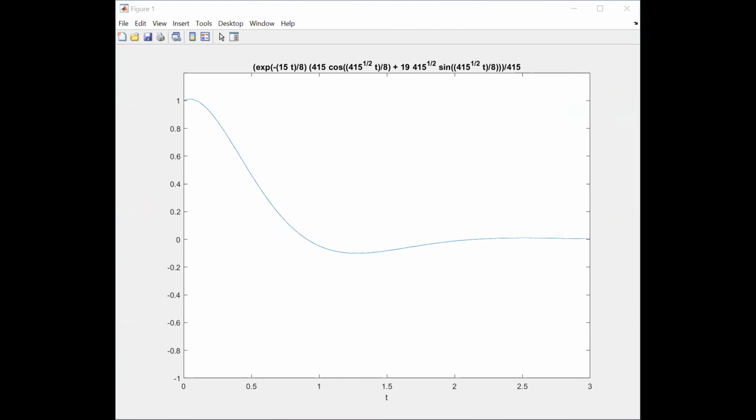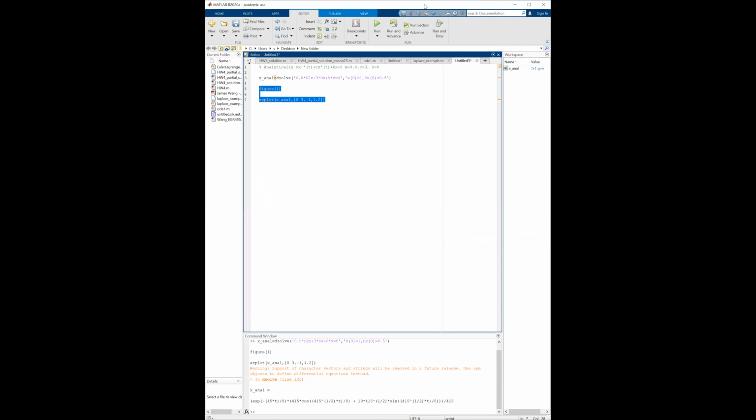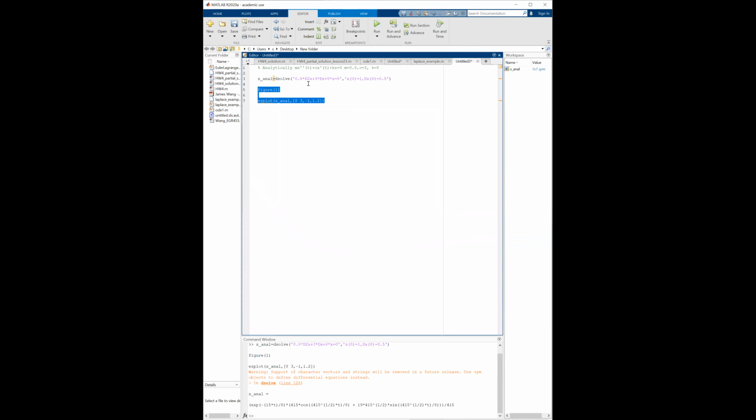I'm going to go back to the same MATLAB code, and I'm going to make the value of damping 0. So please note I changed the value to 0. Now since there is no damping, I should be seeing an oscillatory response.